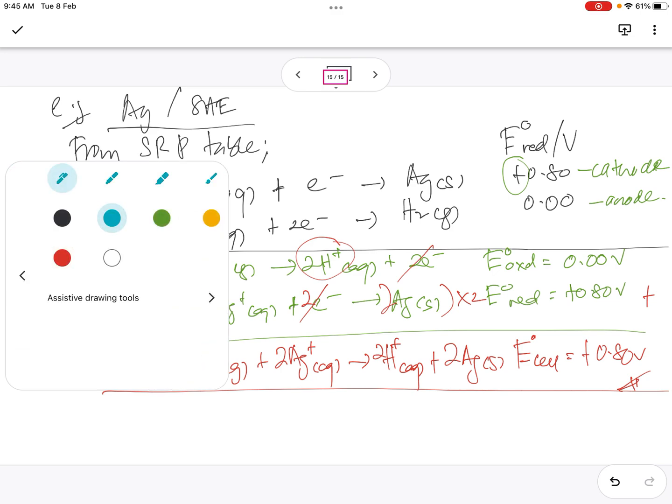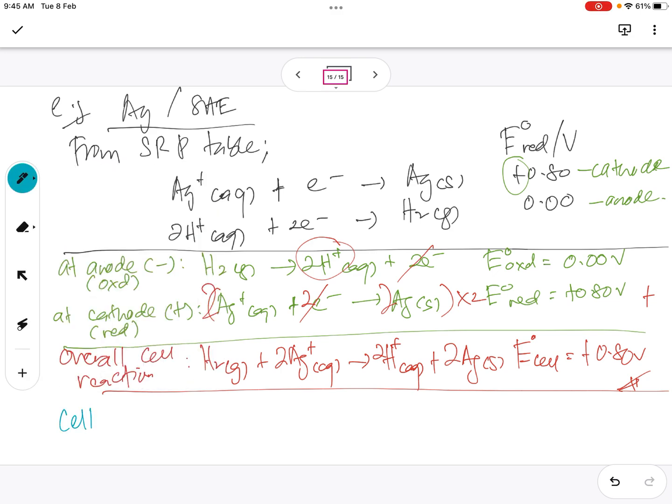Now we do the cell notation. Sekarang kita punya H2 become the anode. Right? So reversekan balik lah.